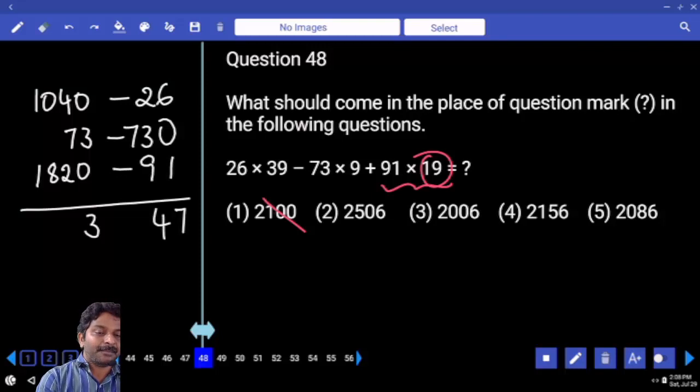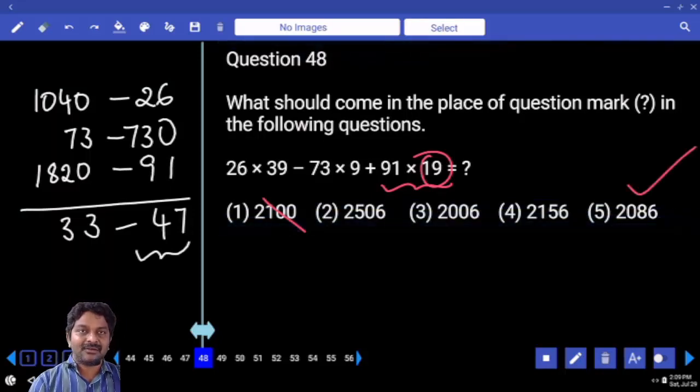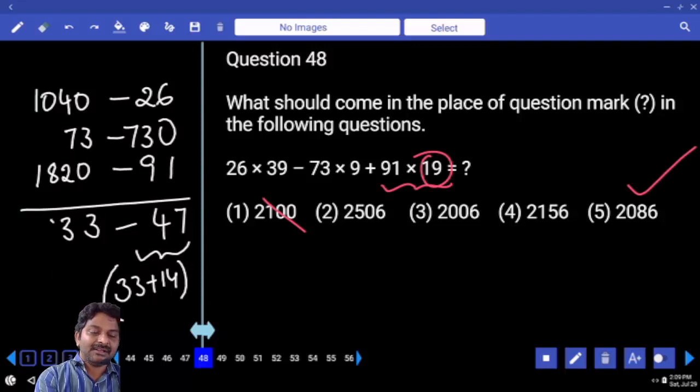This is 4 only, and this is 3 only. 33 minus 47. First subtract 33, then you can subtract 14 later. 100 minus 14, 86. How many options are there? Only one. 47, I am writing it as 33 plus 14. Assume like that. 33 gets cancelled. 100 is there. 100 minus 14, 86.